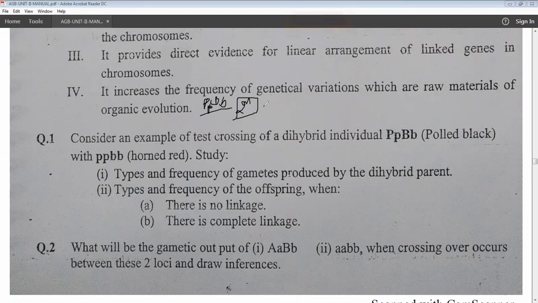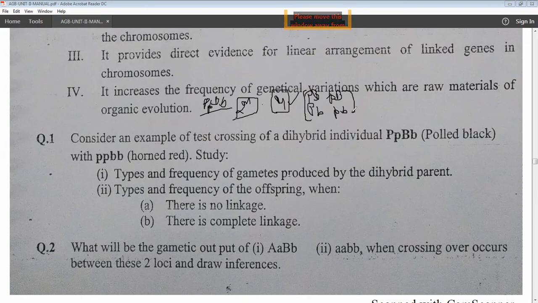We have two heterozygous genes, so in total there are 4 kinds of gametes: capital P capital B, capital P small b, small p capital B, and small p small b.